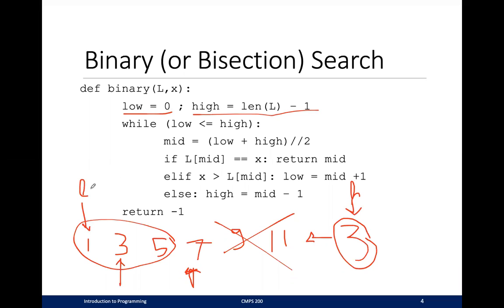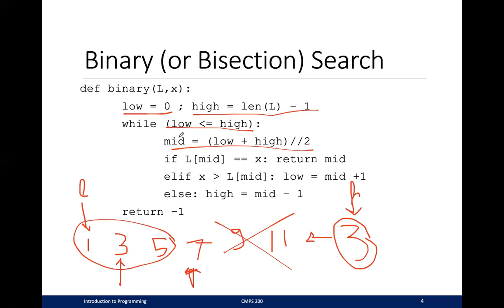As long as low is less than or equal to high, so as long as I haven't finished searching the list, that's really what the condition is doing here. Calculate the middle element, and I'm doing integer division because low plus high, depending on the number of elements in the list or subsequent sublists, might be even or odd. So I want to make sure that I get an integer, because that's an index.